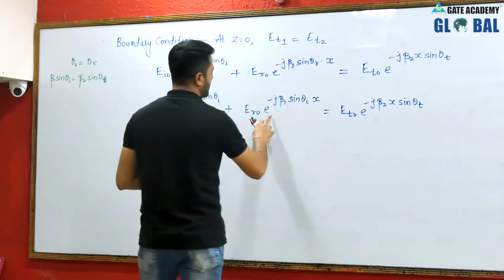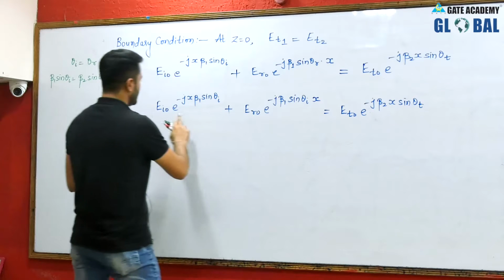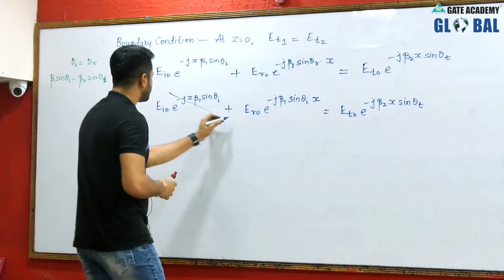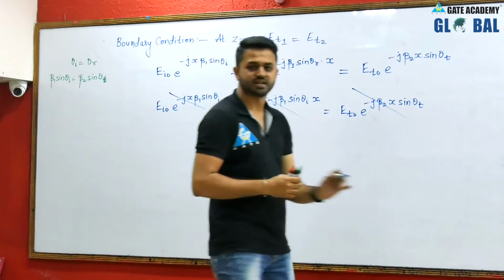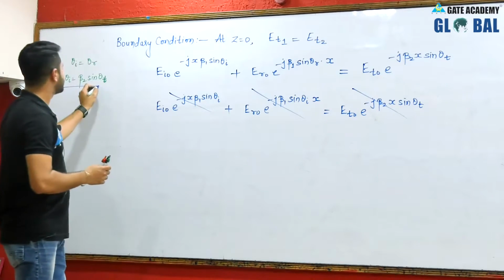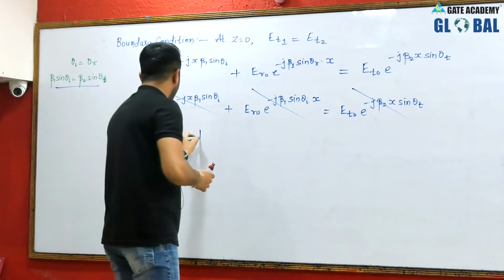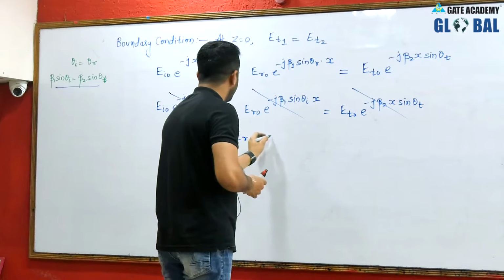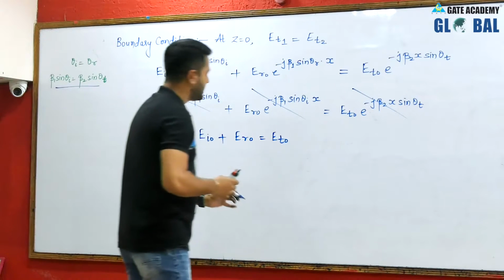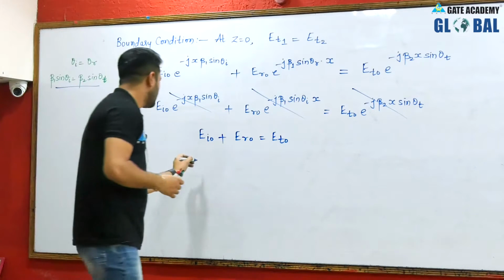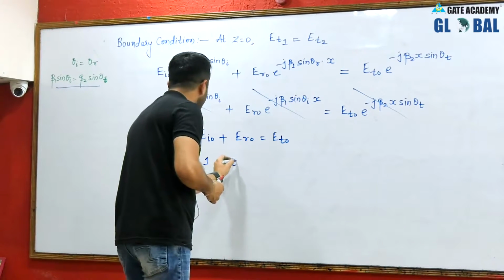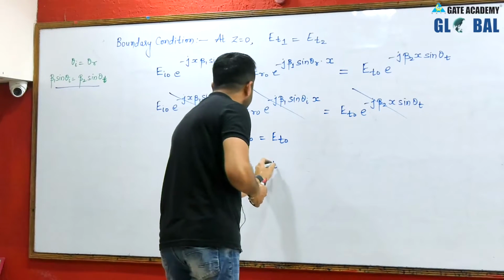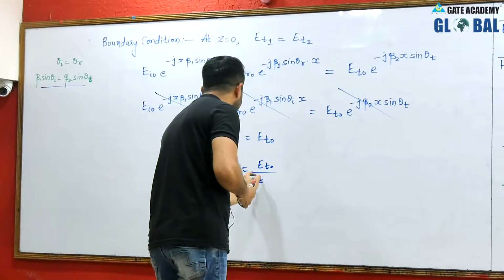So this is also e to the power minus j beta 1 x sin theta I. This exponential term is common, so this exponential term, this exponential term and this exponential term will be cancelled. So now we have got EI0 plus ER0 equal to ET0, and if I divide by EI0, then I will get 1 plus ER0 divided by EI0 equal to ET0 divided by EI0.